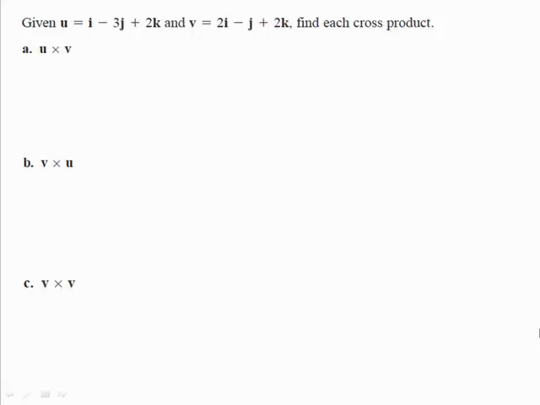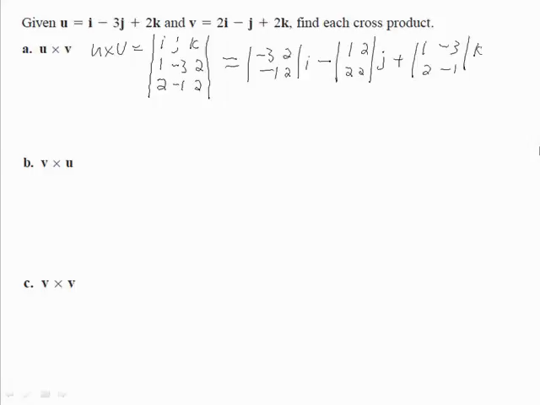The cross product of U and V is equal to the determinant form IJK 1, -3, 2 and 2, -1, 2, which is equal to the cofactor expansion of the determinant form -3, 2, -1, 2 times I minus the determinant form 1, 2, 2, 2 times J plus the determinant form 1, -3, 2, -1 times K, which is equal to the quantity -6 plus 2 I minus the quantity 2 minus 4 J plus the quantity -1 plus 6 K, which is equal to -4I plus 2J plus 5K.